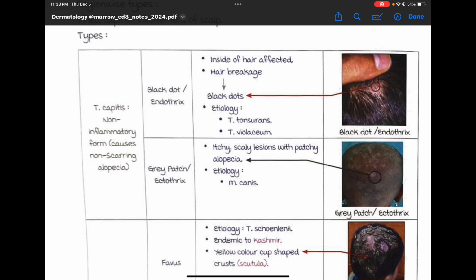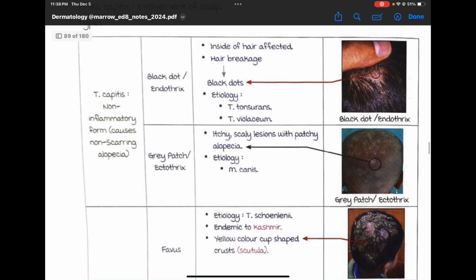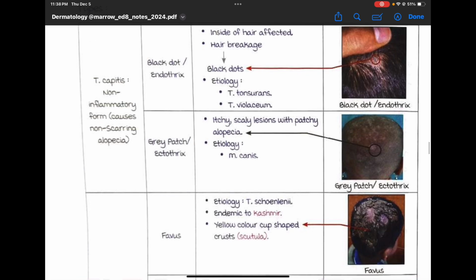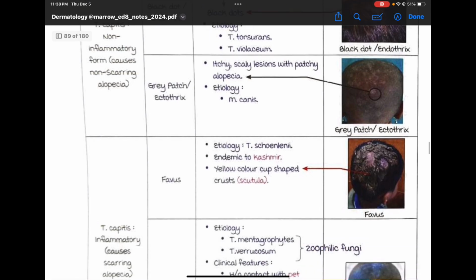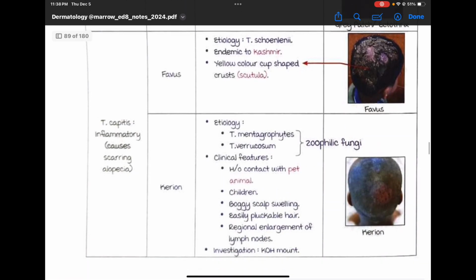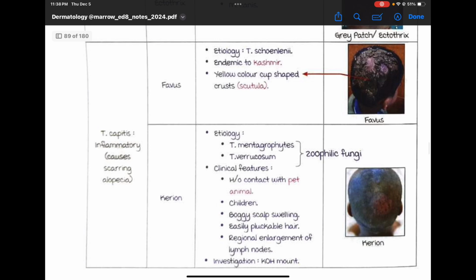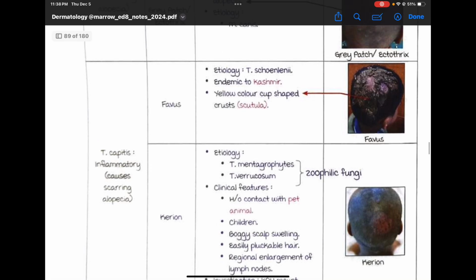Etiology: Trichophyton tonsurans, Trichophyton violaceum. Black dot endothrix: itchy scaly lesions with patchy alopecia. Etiology M. canis: grey patch ectothrix. Tinea capitis, inflammatory, causes scarring alopecia, favus. Etiology: Trichophyton schoenleinii. Endemic to Kashmir. Yellow color cup-shaped crust, scutula.